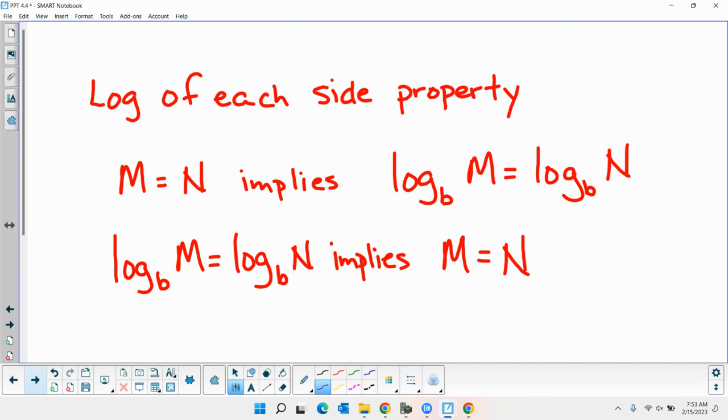So, all right, if you have 2 logs with the same base that are equal, that means that this m and n value would be equal. All right, you'll probably see it this way more than any.